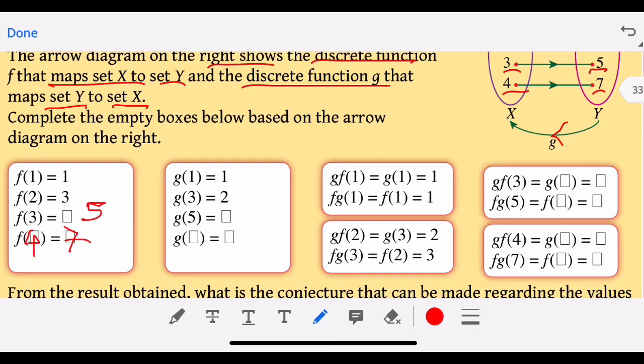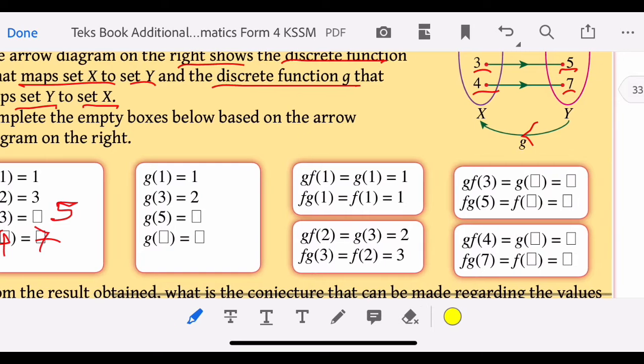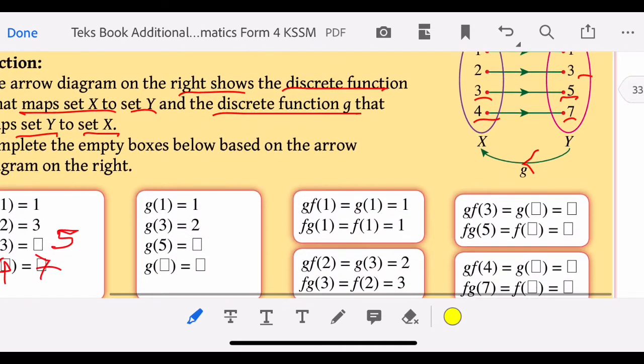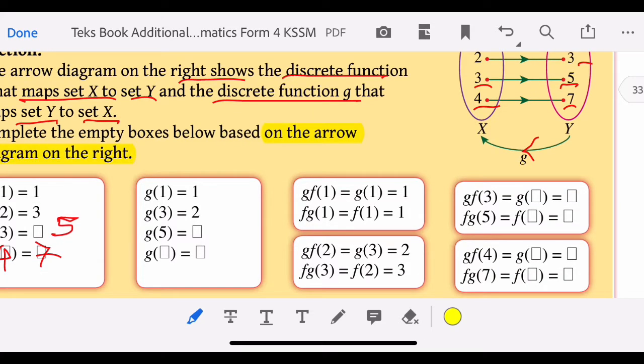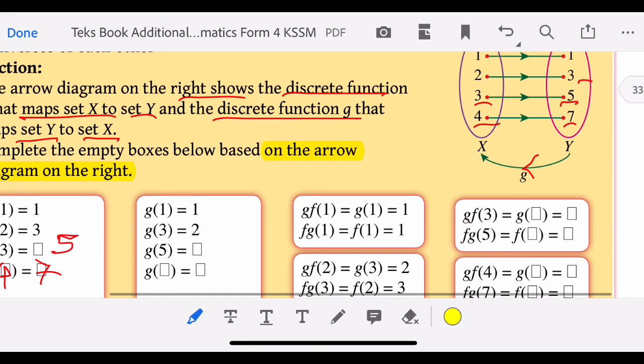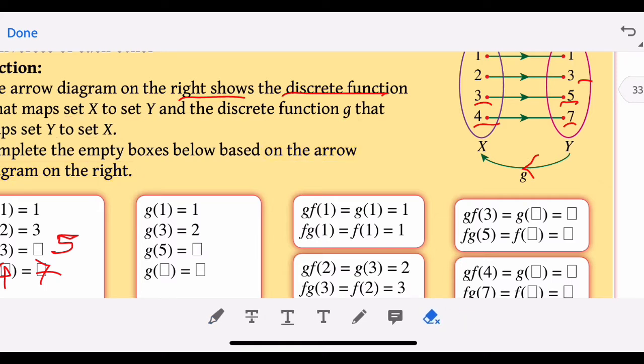Okay, g(1) will bring the 1 back to 1. g(3) will be 2, and g(5) will be 3, right? 5 will go back to 3. And g(7) will be 4, right?